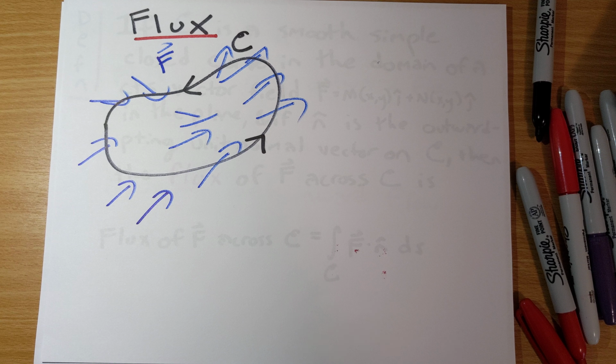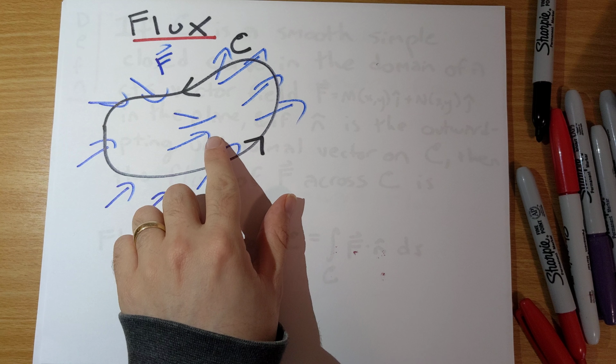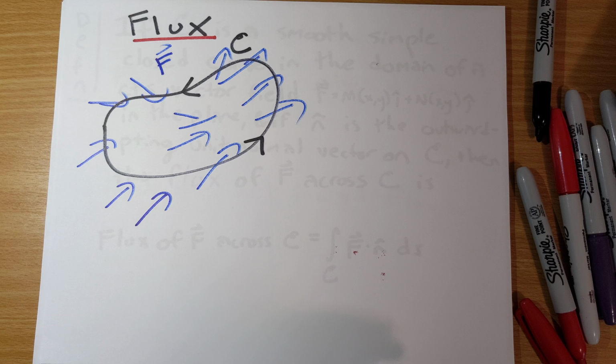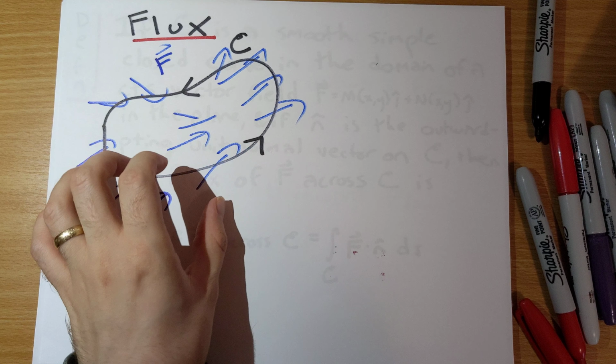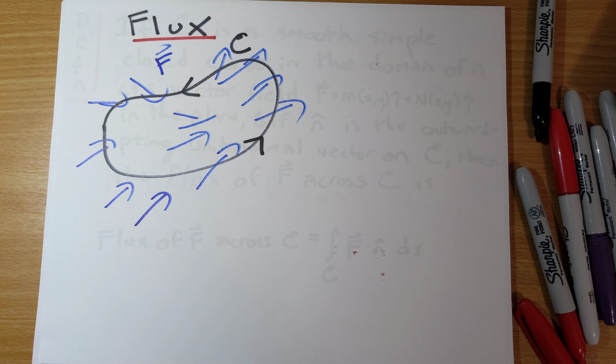animals. What we'd like to do is have the question answered: how much of the quantity, whether it's water, animals, whatever you could think about, is flowing into the region inside of here versus flowing outside?